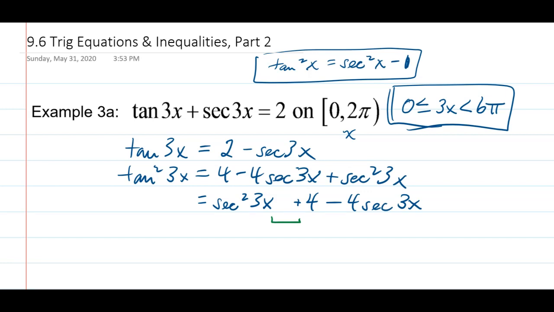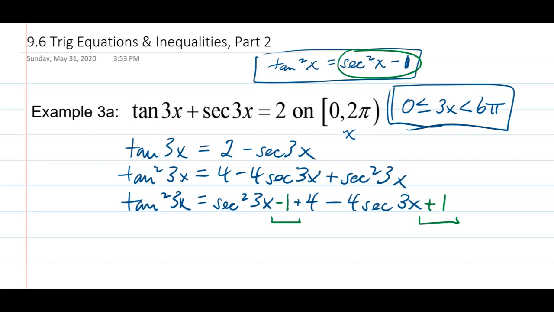We'll come back to that in just a moment. Well, I left a little space there because we're going to create secant squared 3x minus 1. So I've just taken 1 from the right side of the equation, and to undo that, I'm going to add 1 here, like that.